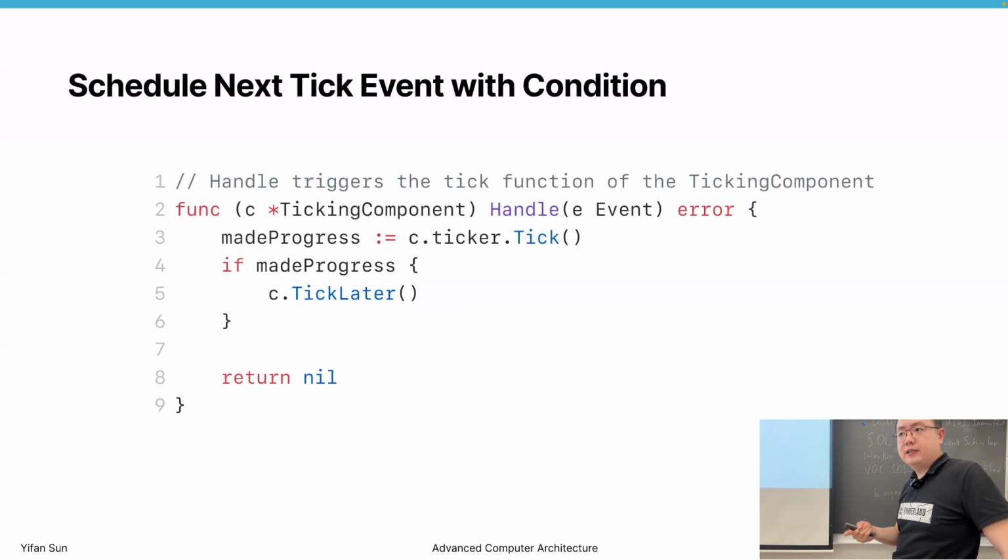Is there a state update? And did you send some message out? Then, if made progress, I tick later. Otherwise, I don't tick it. If I don't schedule a new tick event, that means I put this component to sleep.